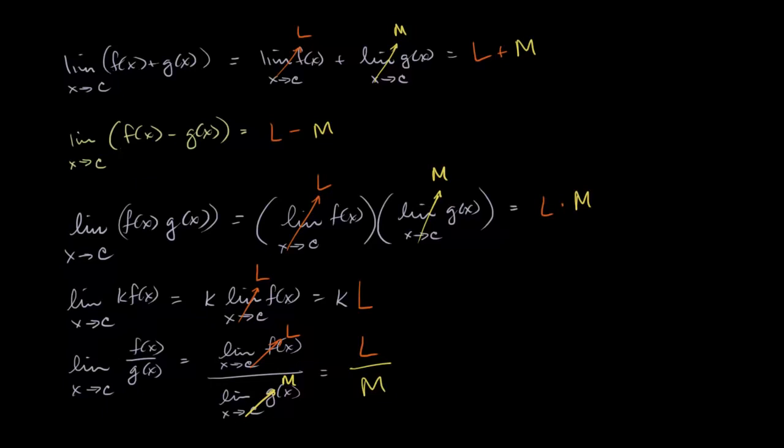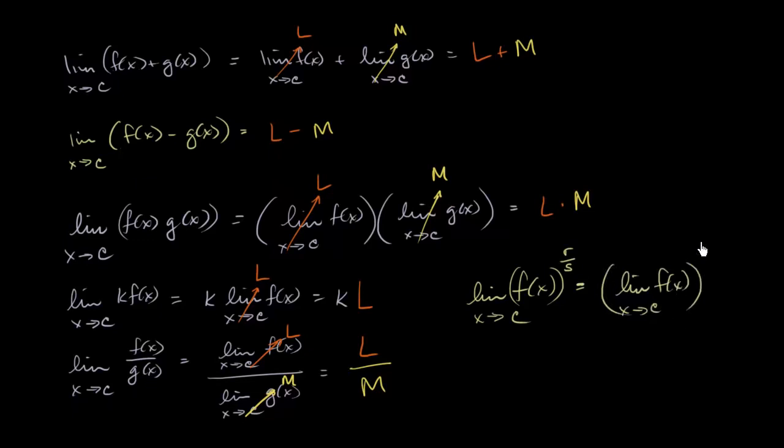Finally, we'll look at the exponent property. So if I have the limit of f of x to some power, and actually let me even write it as a fractional power, to the r over s power, where both r and s are integers, then the limit of f of x to the r over s power as x approaches c is going to be the exact same thing as the limit of f of x as x approaches c raised to the r over s power.